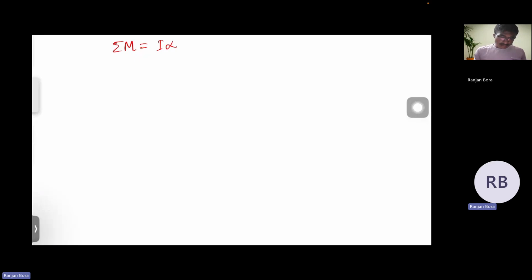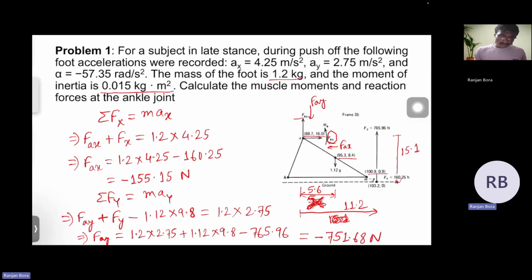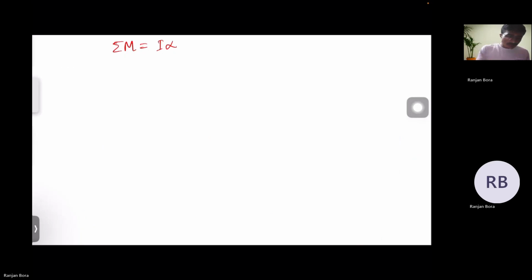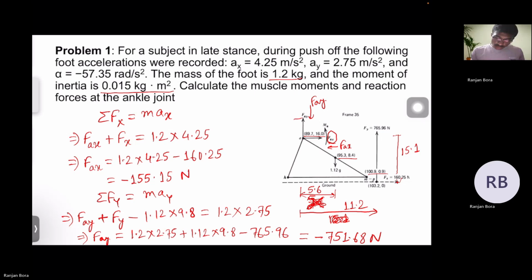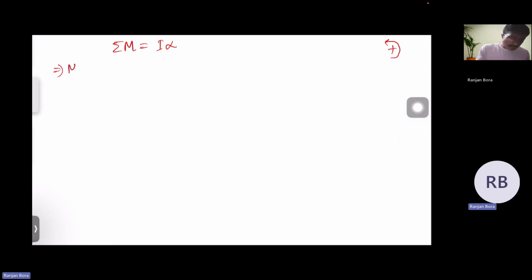I is given 0.015 and alpha is given minus 57.35. Summation M is about the ankle joint. Here we'll take the anti-clockwise direction as positive. So we can see Ma is already in anti-clockwise direction, so it will be plus Ma.